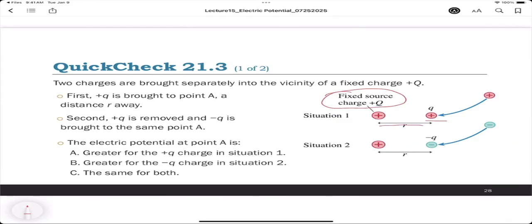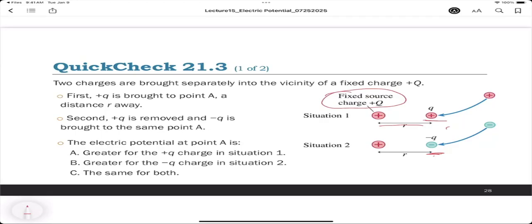Second, the positive small q is removed, and a negative small q is brought to the same point A. So the electric potential at A is greater for the positive q in situation 1, greater for the negative q in situation 2, or the same for both.